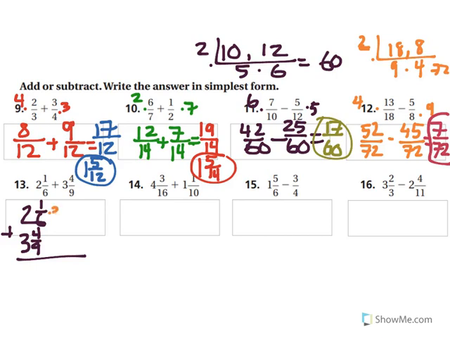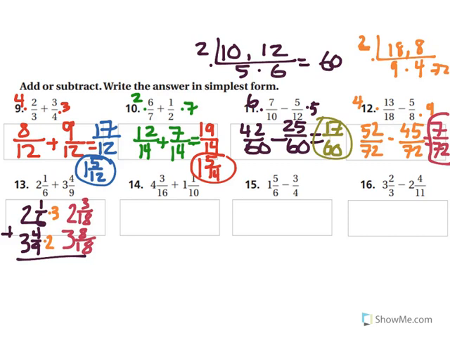So I multiply these by 3 and these by 2. And so I get 2 and 3/18. And on the bottom here I get 3 and 8/18, because 4 times 2 is 8, 9 times 2 is 18.